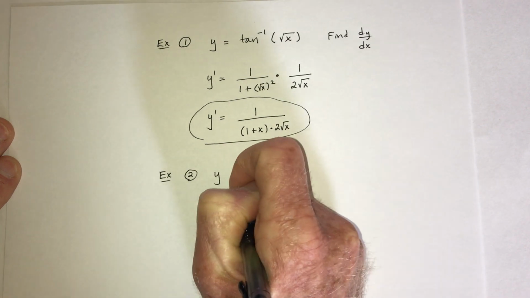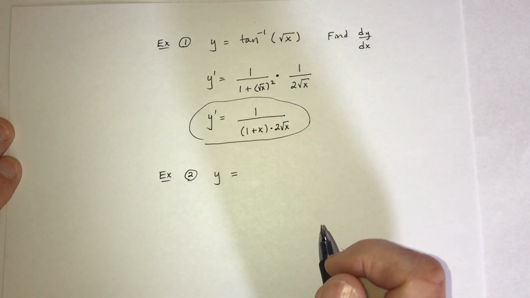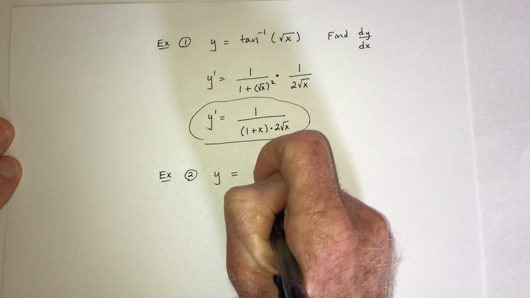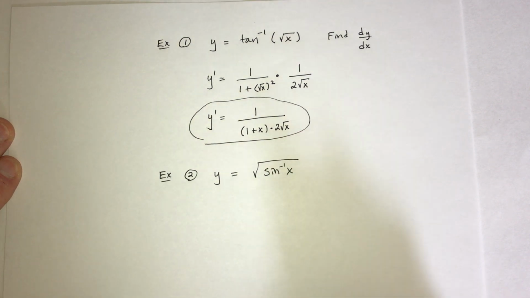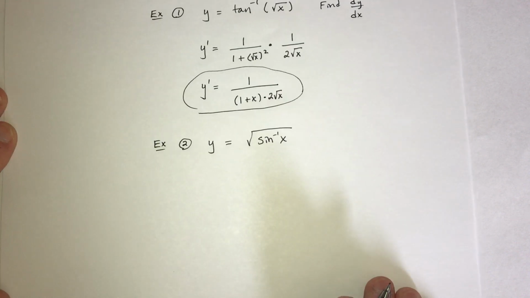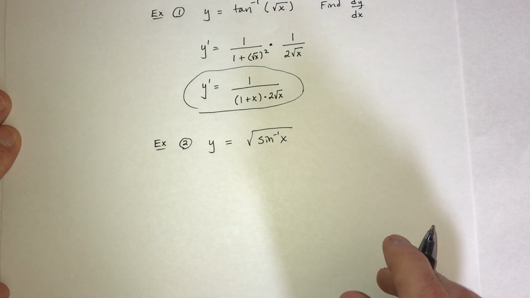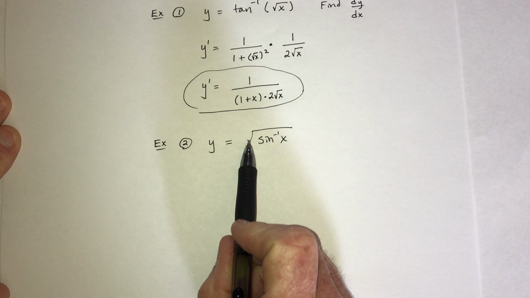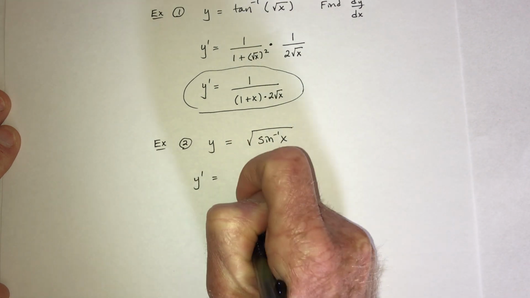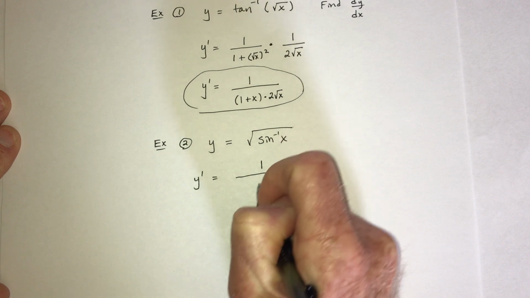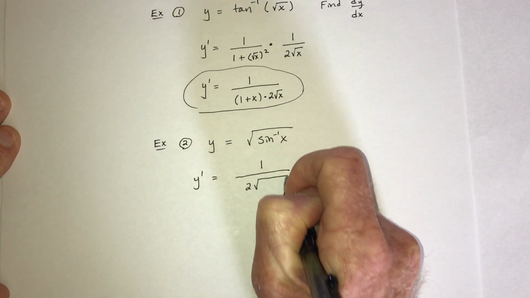What if it was just slightly different? What if it was the square root of sine inverse x? So when you take the derivative, the outside function is the square root. And use the shortcut. The derivative of the square root is 1 over 2 times that square root.